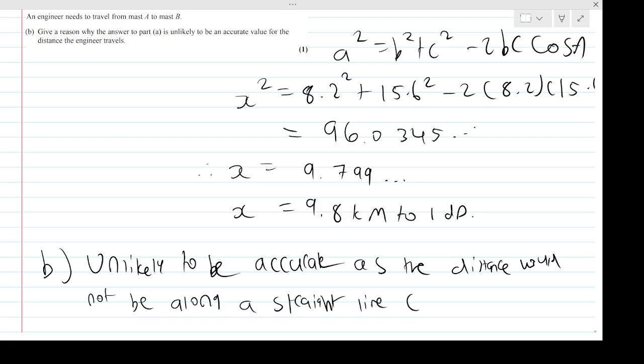It could be curved, or they might need to go through multiple roads or multiple journeys because there might be detours when going from A to B. As the distance would not be a straight line, the actual real life distance would be greater.